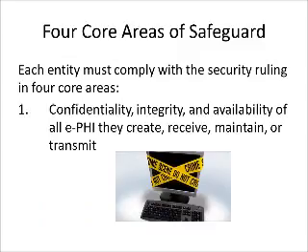There are 4 areas of safeguard that must be addressed. Each entity must comply with the security rule in 4 core areas. Number 1, confidentiality, integrity, and availability of all electronic protected health information they create, receive, maintain, or transmit.